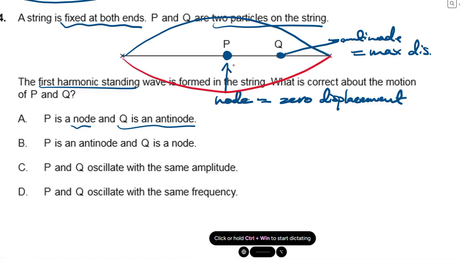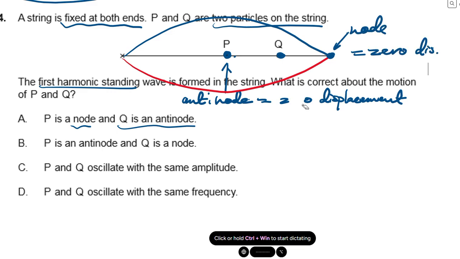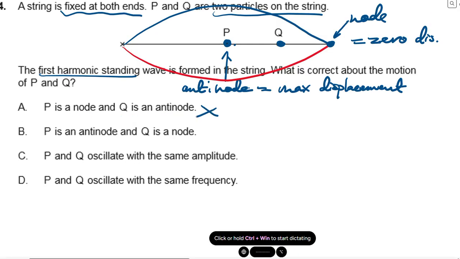First harmonic is like that. And so my point still stands, nodes and so on, but this is not a node. This is an antinode, and this is our node. Node equals 0 displacement, antinode max displacement. And so this is wrong. P is an antinode, yes. Q is a node, that's wrong.